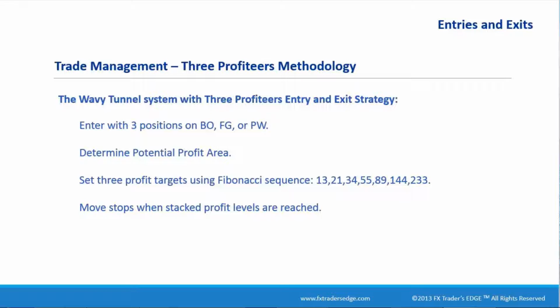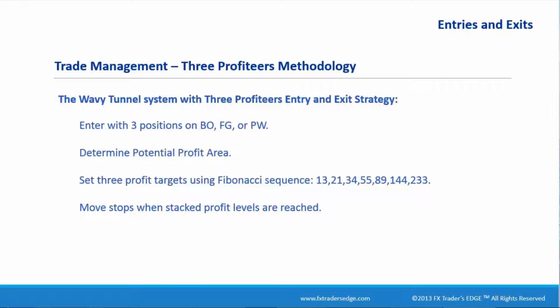For stock trading, you might say, how do we use the Fibonacci sequence for stock trading? What I like to suggest is to use the Fibonacci sequence but treat those as dollar values. So let's say the PPA for a stock is $6. You would work backwards and put a decimal point.